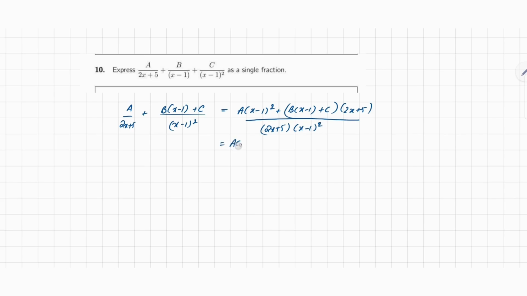We can expand the second term to get b times x minus 1 times 2x plus 5 plus c times 2x plus 5 over 2x plus 5 times x minus 1 square. And that's the answer.